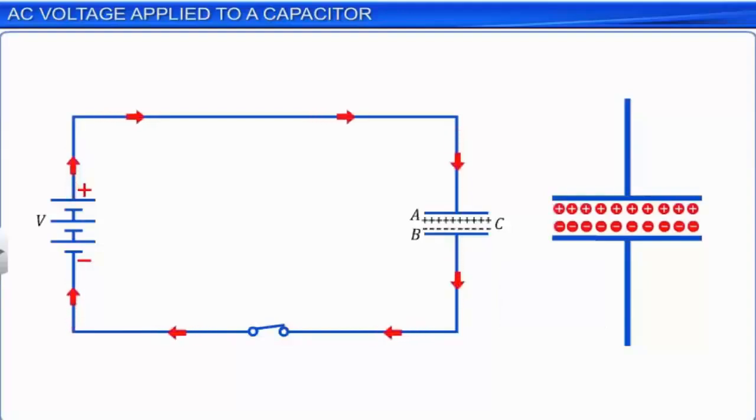When the capacitor is fully charged, that is, the plates cannot take any more charges, the capacitor fully resists the current and the current in the circuit falls to 0. This state of a capacitor is known as a steady state.